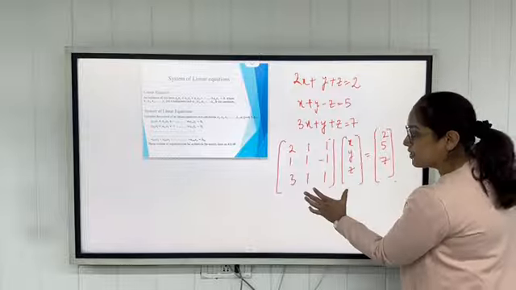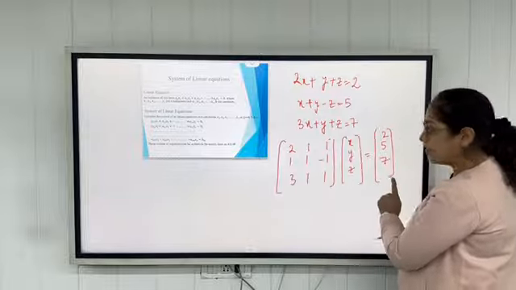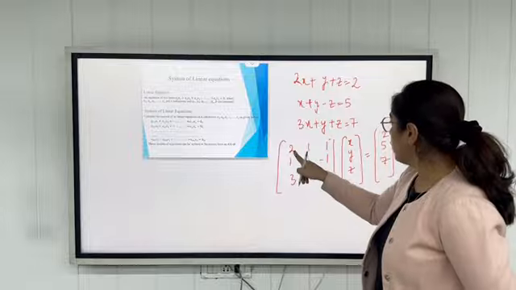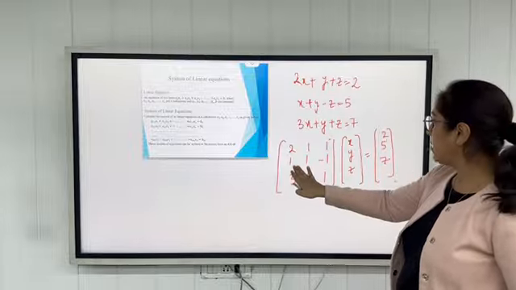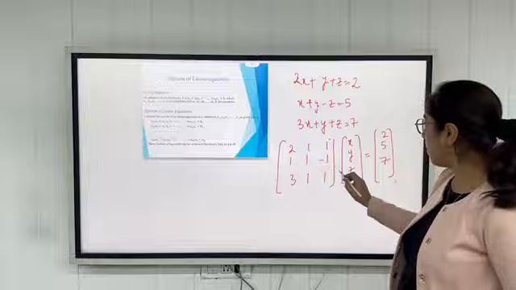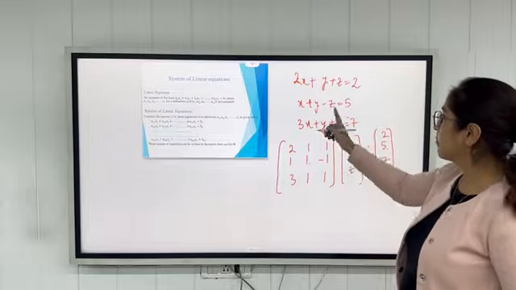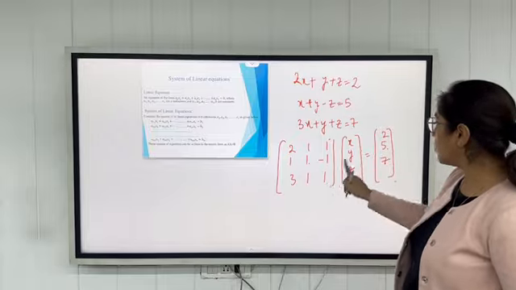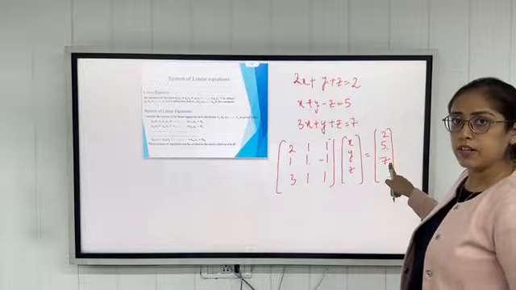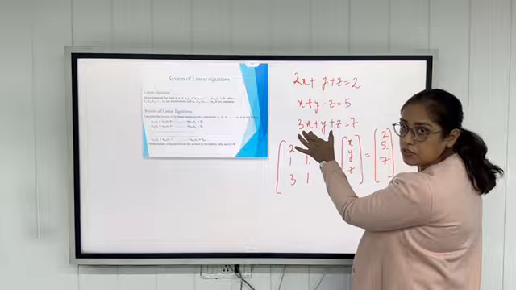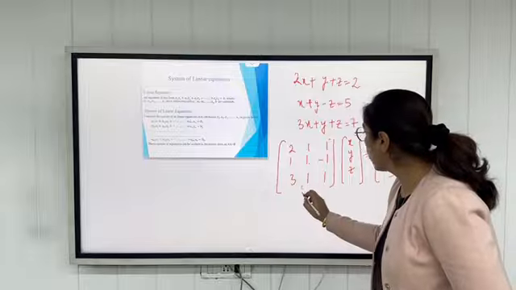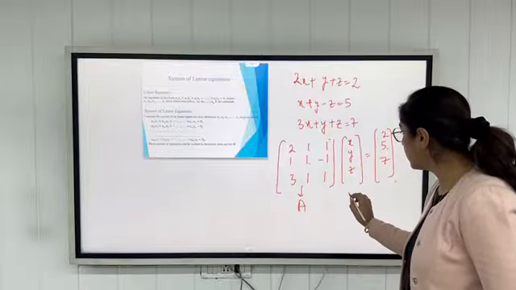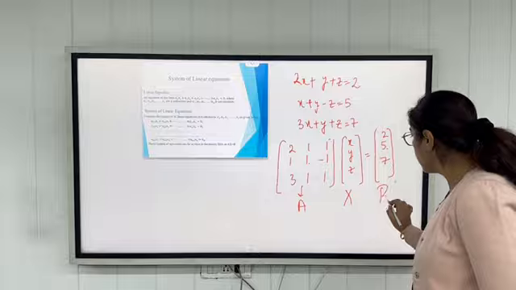When you multiply these two matrices, you will get these equations. See, 2x plus y plus z is equal to 2, x plus y minus z is equal to 5, and last 3x plus y plus z is equal to 7. So any system of linear equations can be written in this form, where this matrix is called A, this is x and this is b.